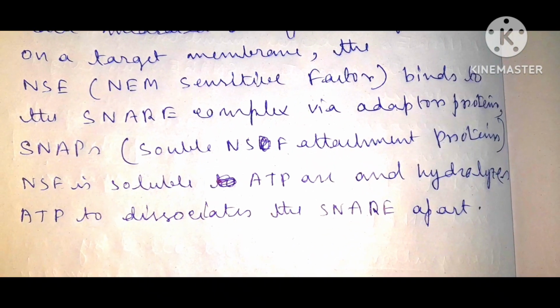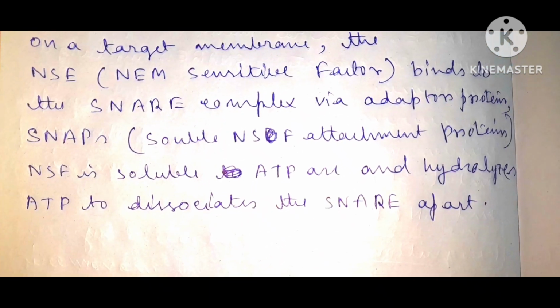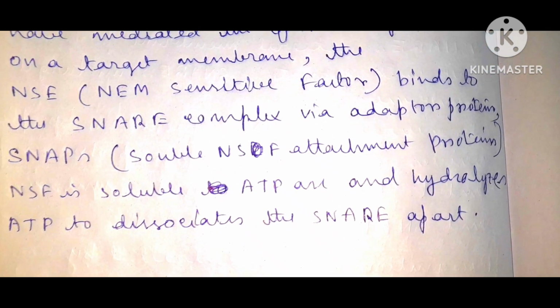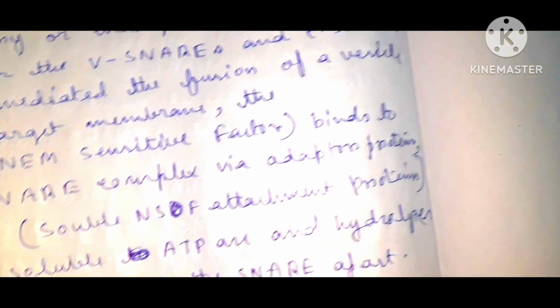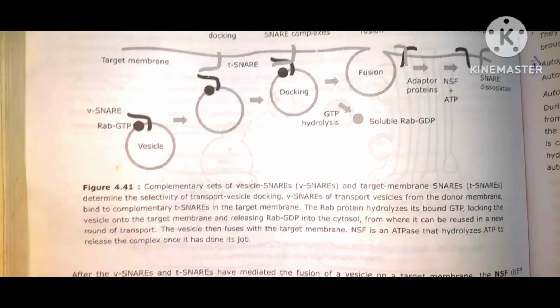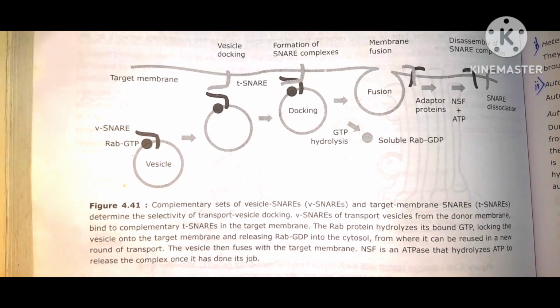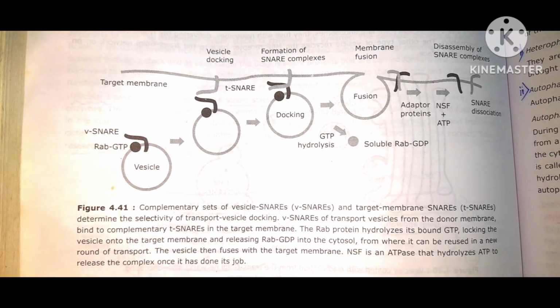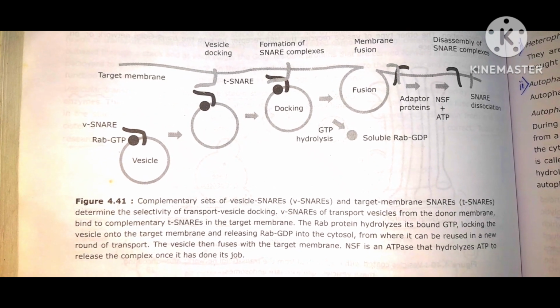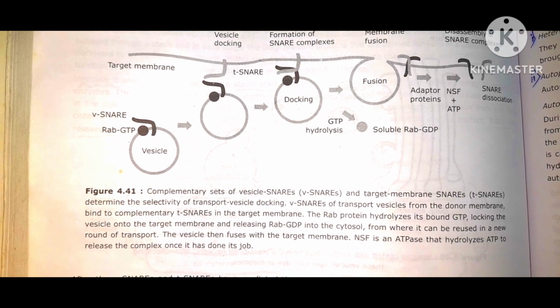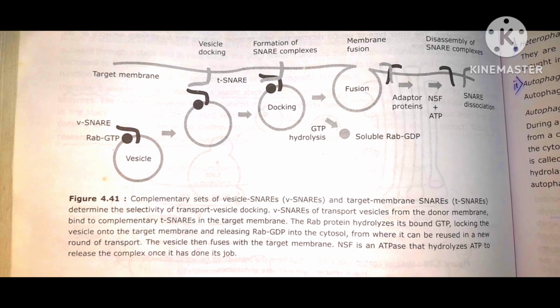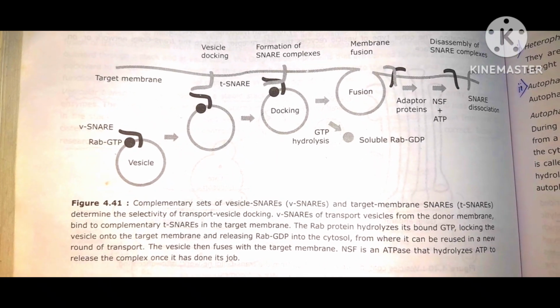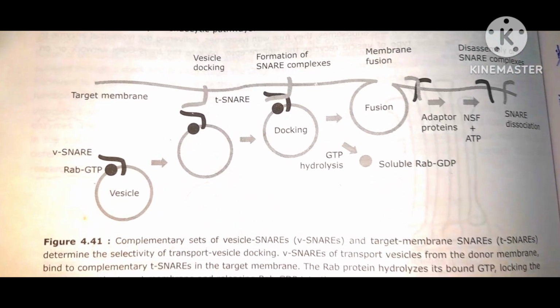NSF is a soluble ATPase and hydrolyzes ATP to dissociate the SNAREs apart. Concentrate on this figure, and if it carries 3 marks, you should explain it with a proper diagram.